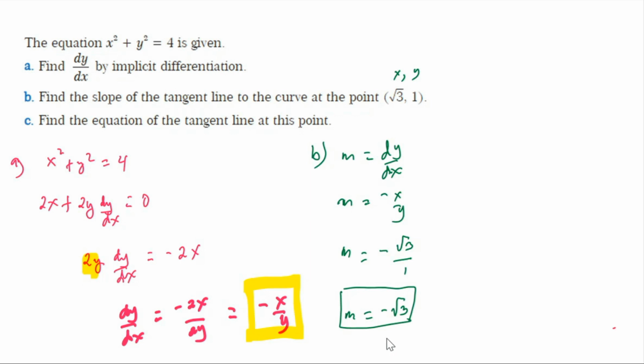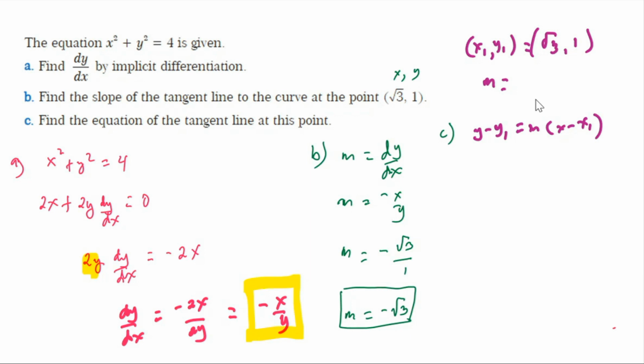Now, to solve for letter C, since we are asked here to find the equation of the tangent line at this point, we are going to use the point-slope form. We have y minus y sub 1 is equal to m times x minus x sub 1. So our x1, y1 is actually equivalent to the square root of 3 and 1, wherein the slope of the tangent line is the one that we solved here, equal to the negative square root of 3.